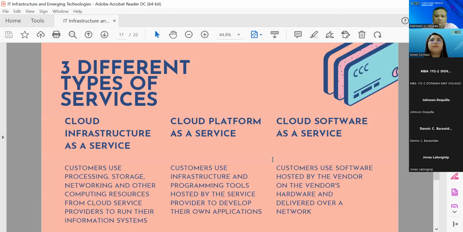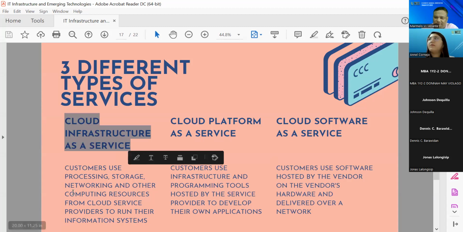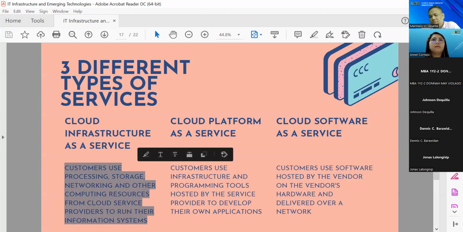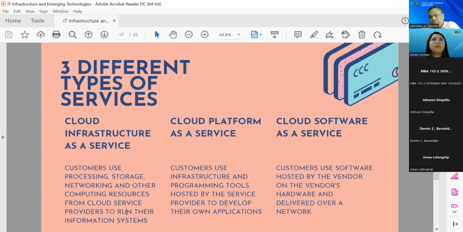So there are 3 different types of cloud services. First, cloud infrastructure as a service: customers use processing, storage, networking, and other computing resources from cloud service providers to run their information systems. Then we have cloud platform as a service.